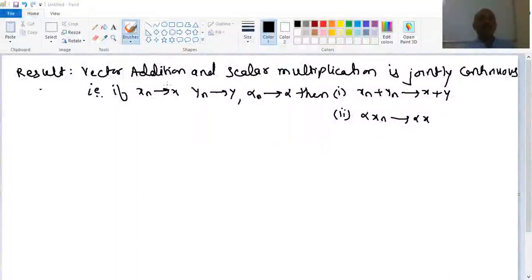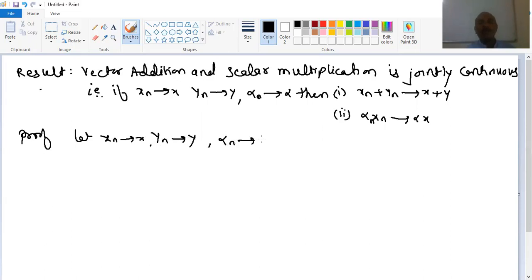That is, if xn converges to x, yn converges to y, and alpha n converges to alpha, then xn plus yn converges to x plus y, and alpha n xn converges to alpha x. These results you have already proved in third year also.